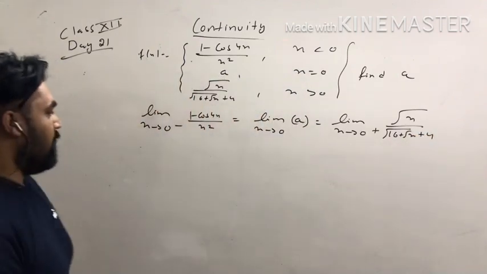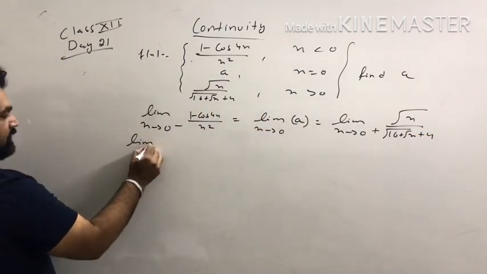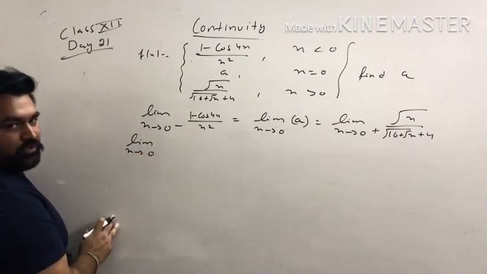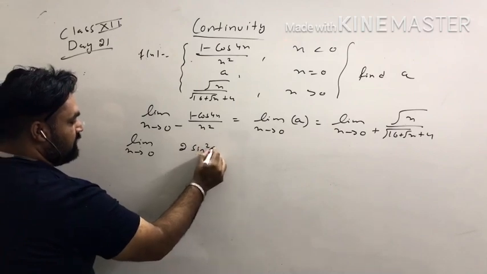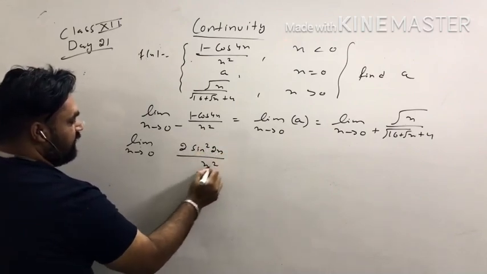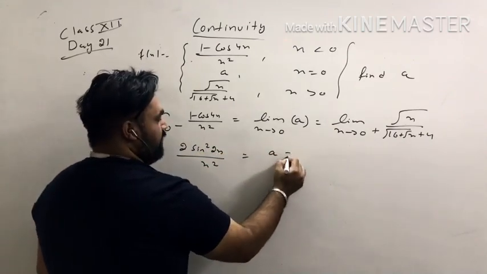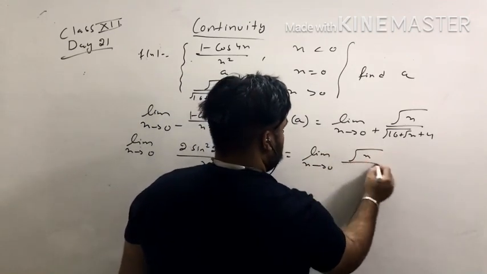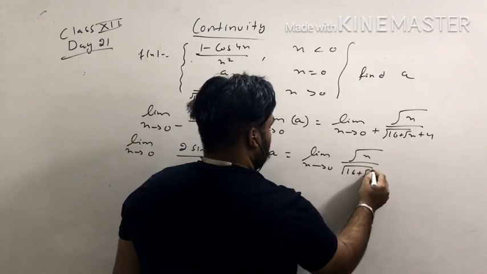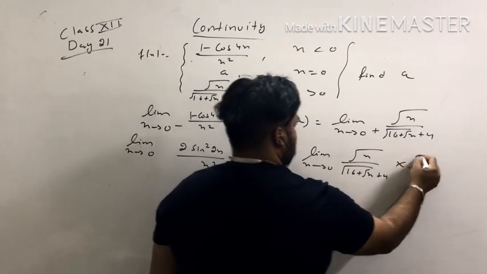So the limit as x tends to 0. Now we know the formula, 1 minus cos 4x is 2 sin square 2x, upon x square equals a, equals the limit as x tends to 0. Whenever there is a root, we just rationalize.